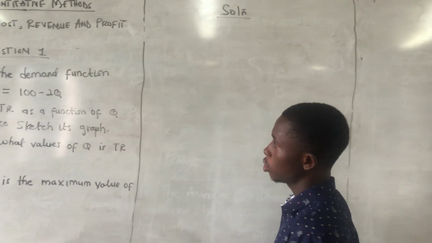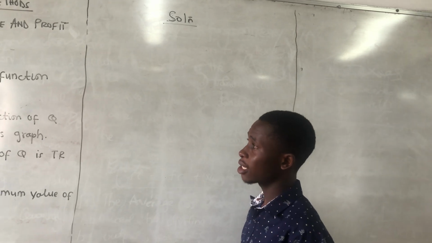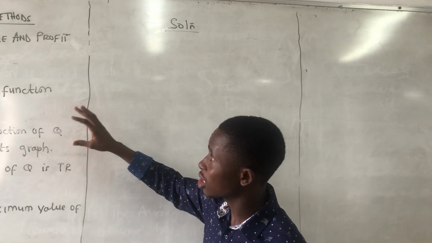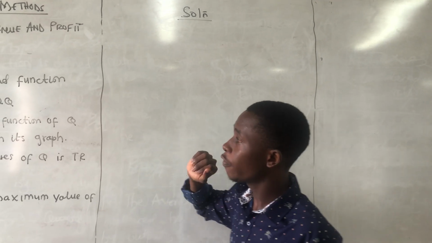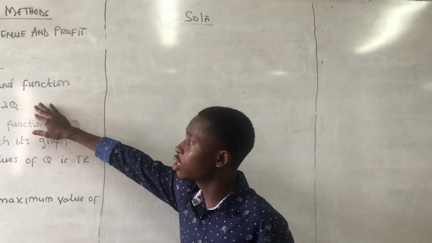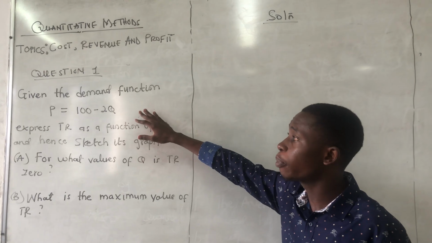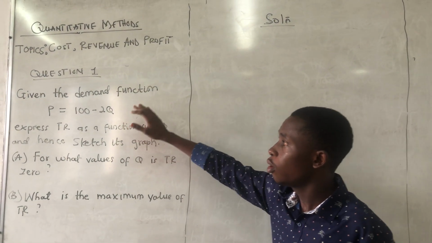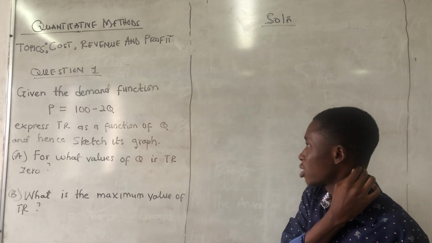Now, the first thing we take note of when we are dealing with cost, revenue, and profit is to first check if the equation given to you is already expressed as a price function. If it's not, we are supposed to express it as the price function.